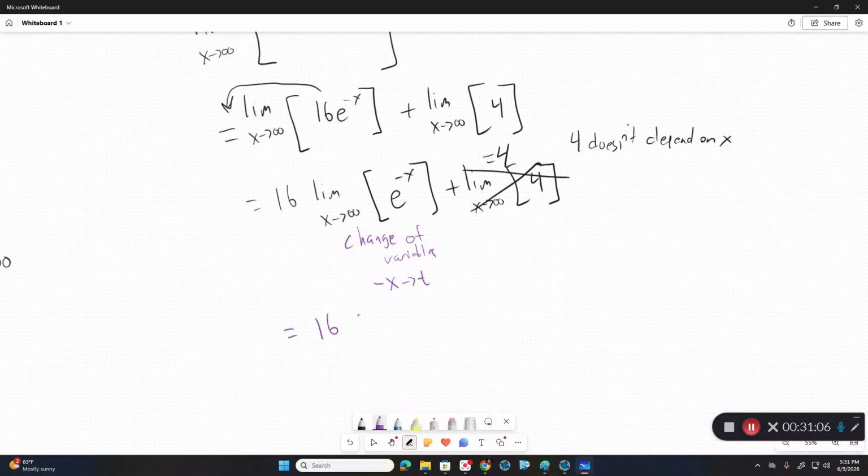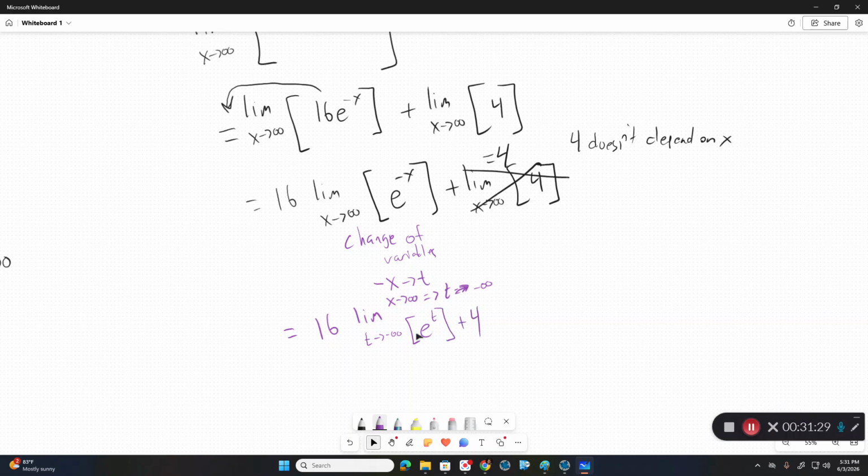It's going to be 16 times the limit. So, as x approaches infinity is going to imply that t is going to approach negative infinity. This is the limit as t approaches negative infinity of e to the t. Reminder, plus 4.